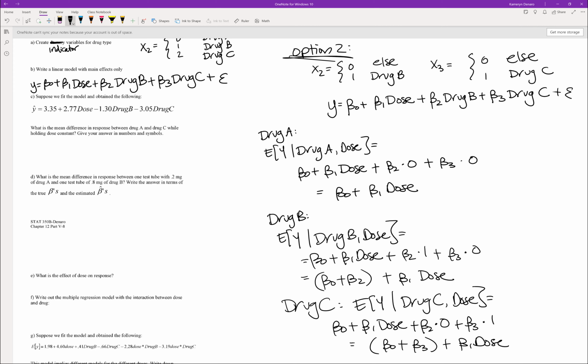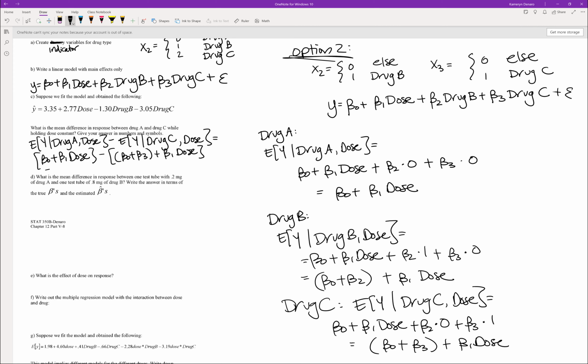dose constant, well, that's going to be the expected value of Y given drug A at a particular dose minus the expected value of Y given drug C at a particular dose, right? So overall, we get beta 0 plus beta 1 dose minus drug C, beta 0 plus beta 3 plus beta 1 dose.